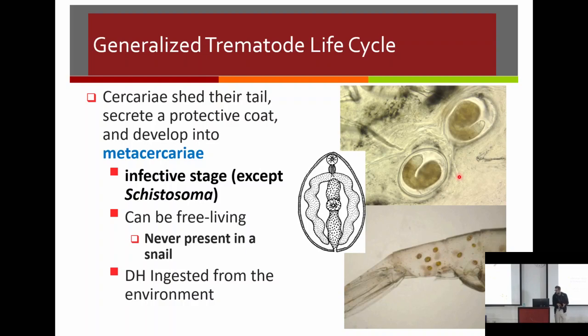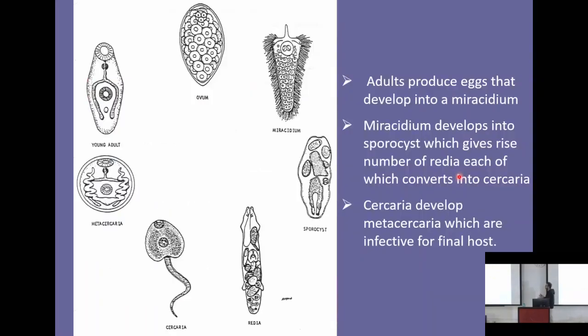Okay, so this is what the general life cycle of this parasite looks like. This is what we already discussed in the previous two slides. Adults lay eggs. These eggs have an operculum, and the egg will be further converted into miracidium, and this miracidium will go into the snail: sporocyst, redia, and cercaria.